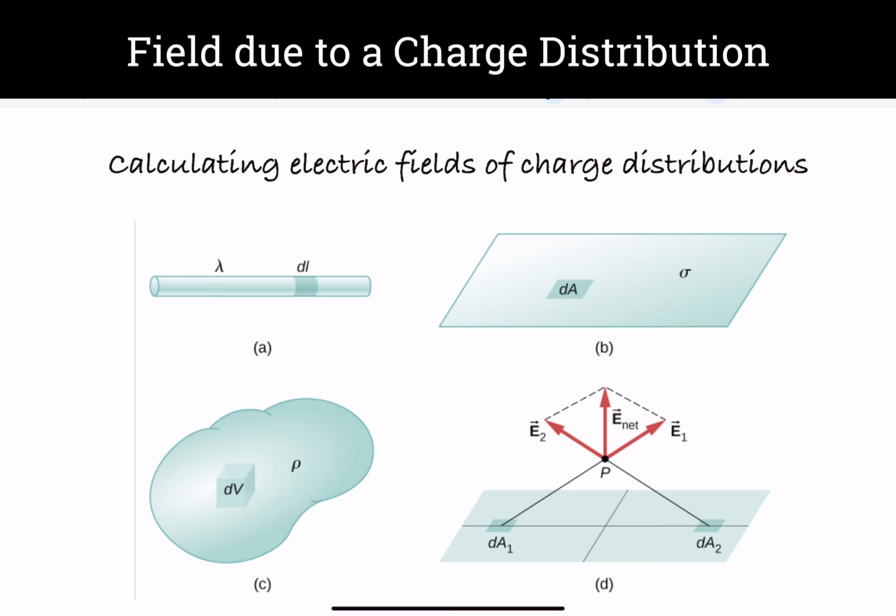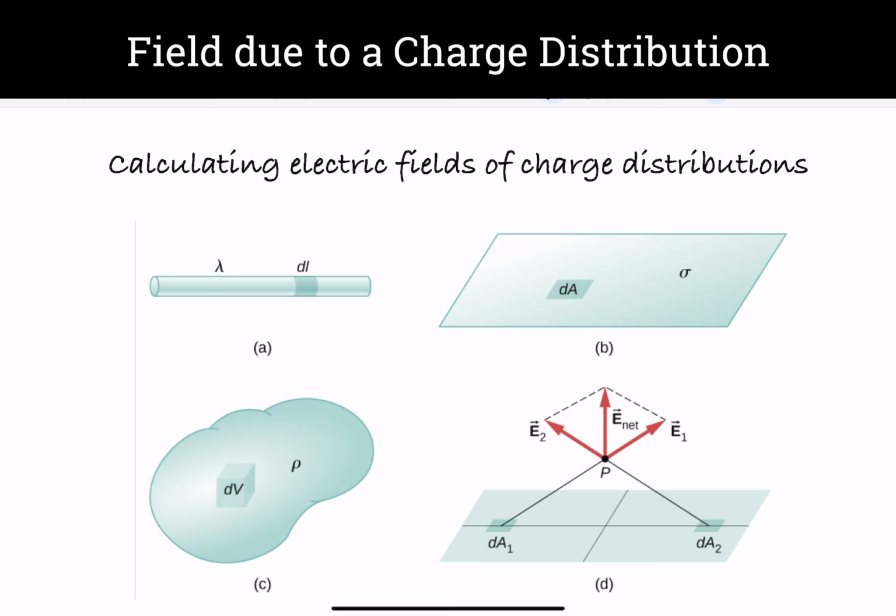Therefore, the unit becomes coulomb per meter square for sigma. But what if the charge is distributed over a particular volume, as shown in figure C? Then it's going to be charge divided by volume. See how that is progressing? And the unit would surely be coulomb per meter cube.